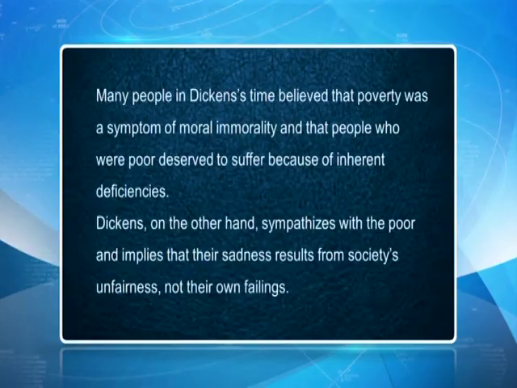Dickens, on the other hand, sympathizes with the poor and implies that their sadness results from society's unfairness, not their own failings. So he wanted to express his own opinion on his society, to show that poor people were poor not because of their inherent inabilities, but of the unfairness of the society where they lived.